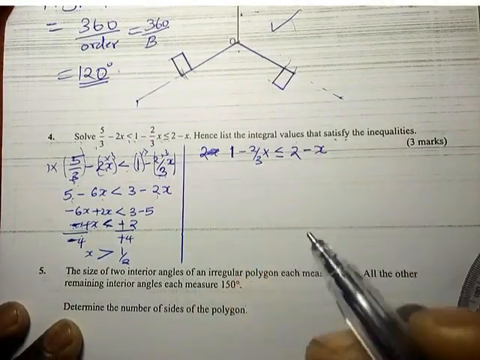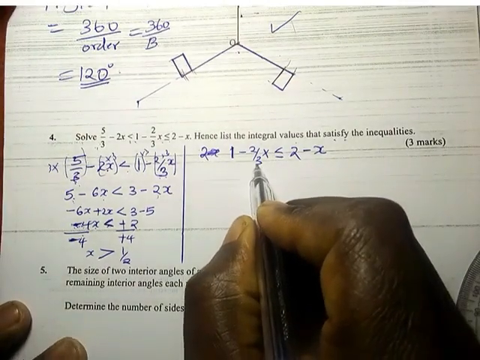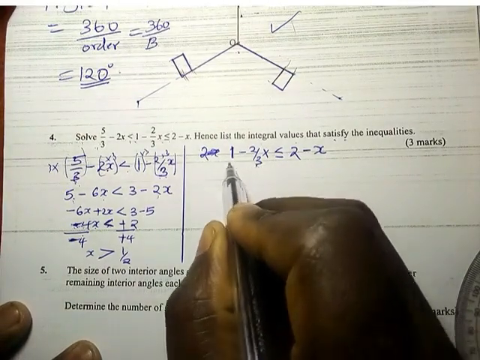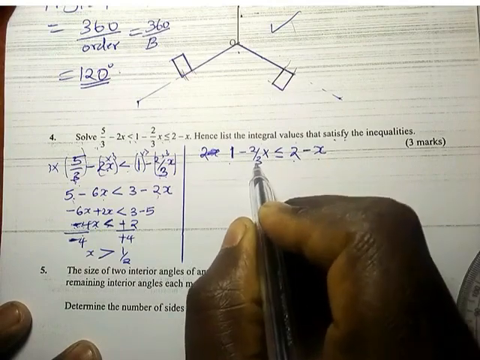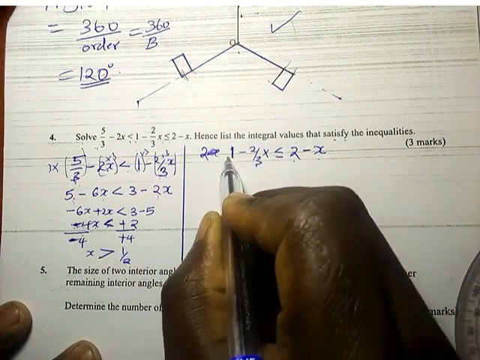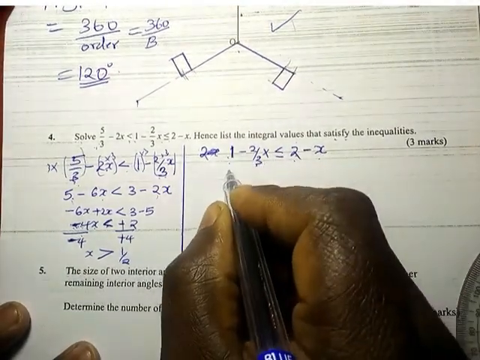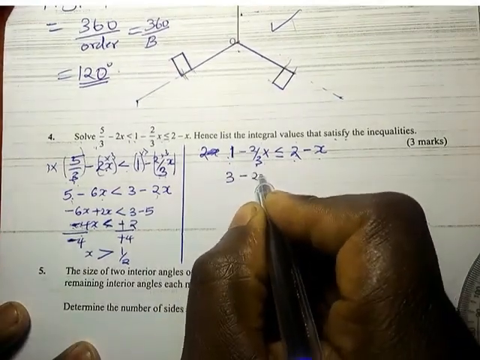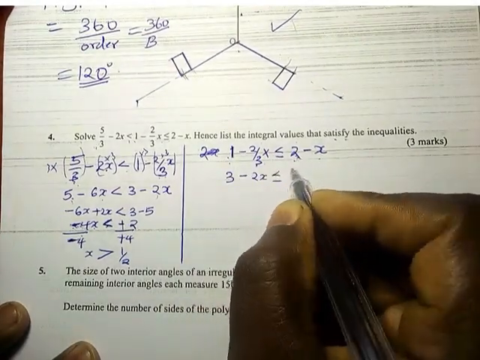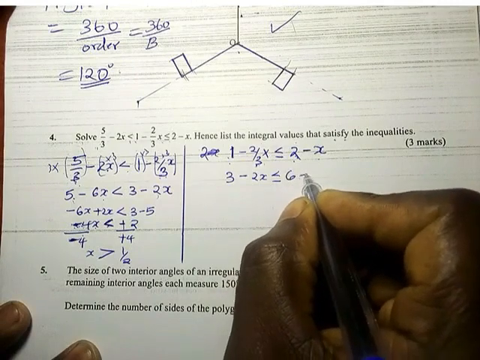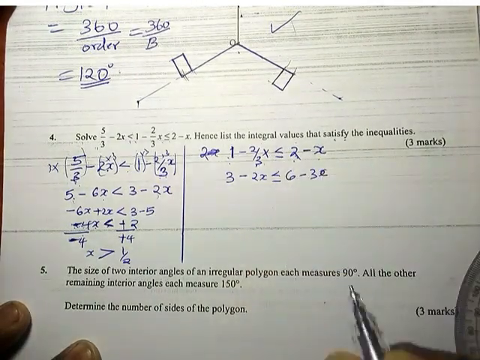So again, let us remove this fraction here. We multiply, LCM hapa ni 3. Hapa ni over 1 over 1 over 1, LCM 3. So times 3, this term times 3 times 3 times 3. Hiyo tatupea hapa itakuwa 3 minus 2x is less or equal, hapa itakuwa 6, hapa itakuwa 3x. Sawa?